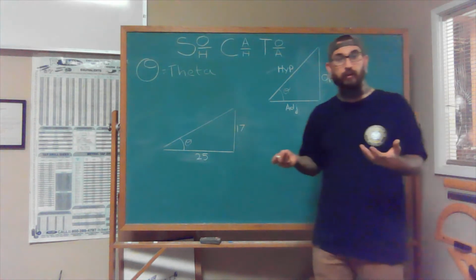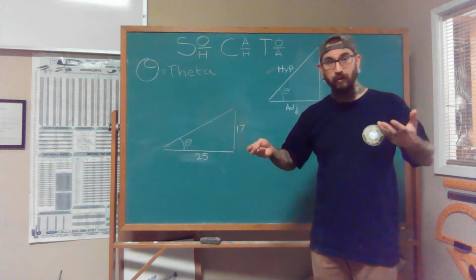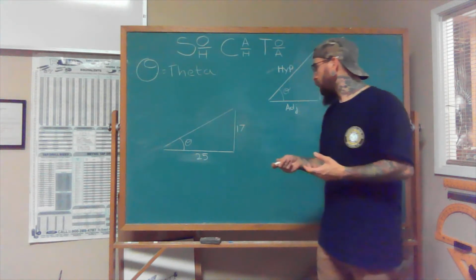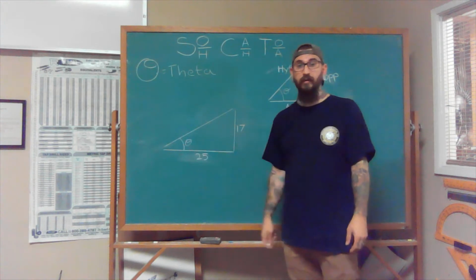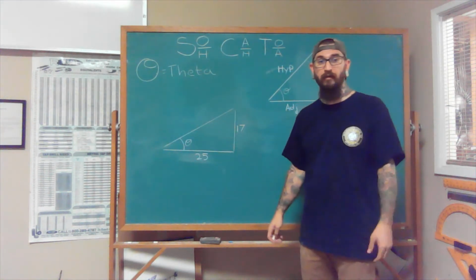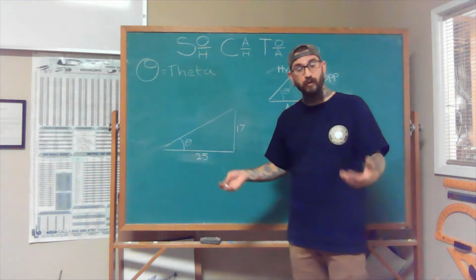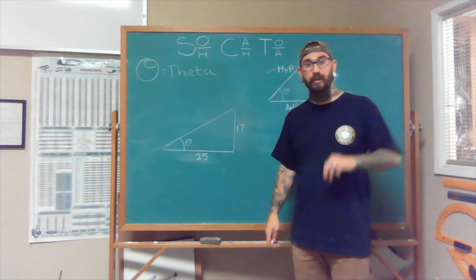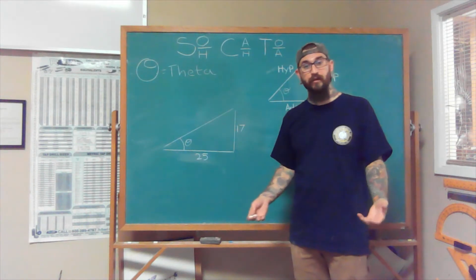Oftentimes out in the field, we'll come across different angles. It's not always so easy to come across 45, although it does happen. So here I have a triangle, and we don't know what this angle is right here, and that's what we need to find out. The cool thing about triangles is if you have two parts of the puzzle, you can figure out the whole thing. That's what we're going to do today.